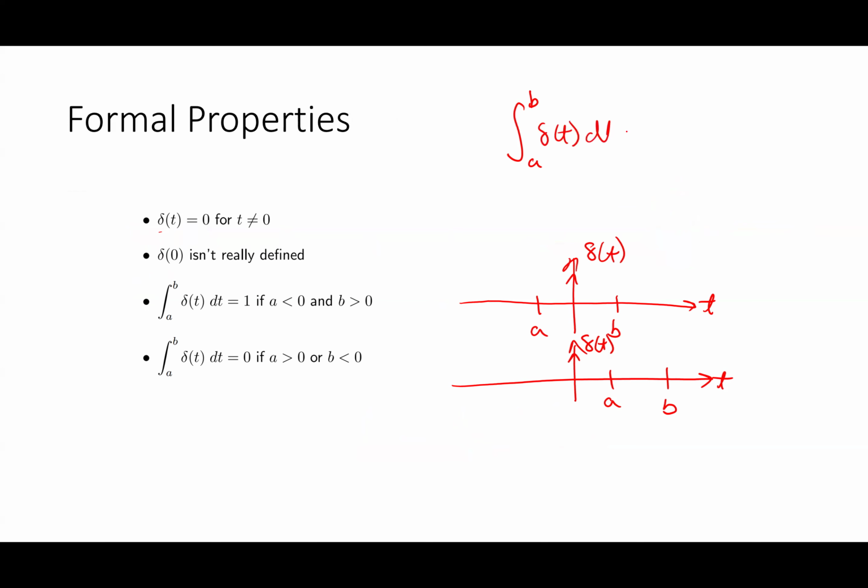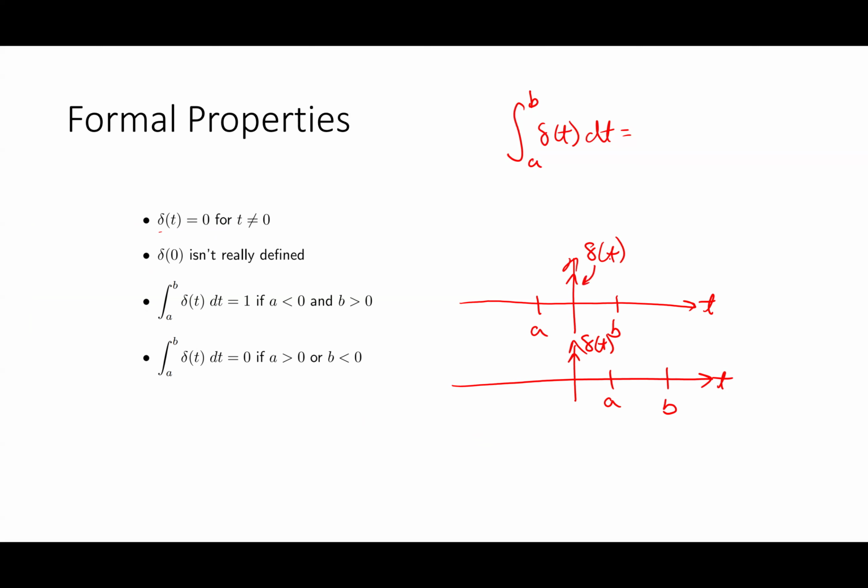This is very easy, and the integrals that I do with it tend to be really easy. Let's look at these two examples. A is here, some negative value. B is there at some positive value. And this is the delta function right there.